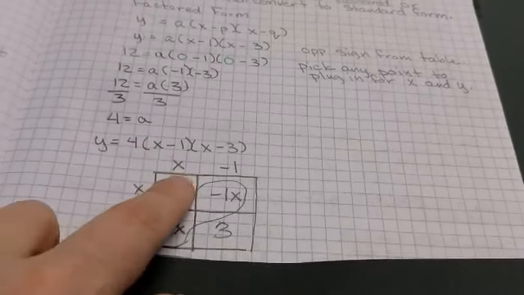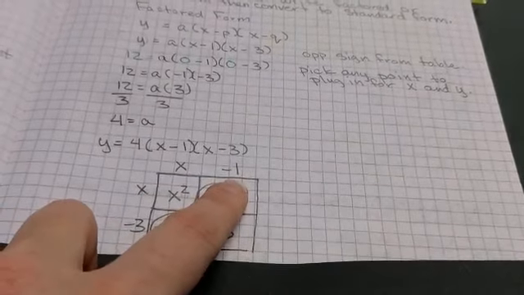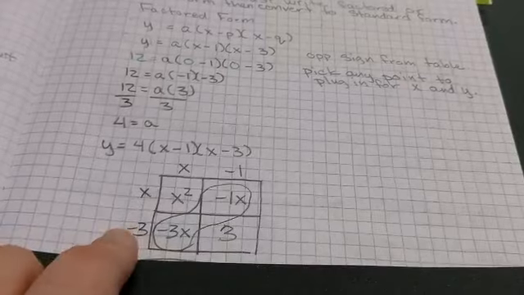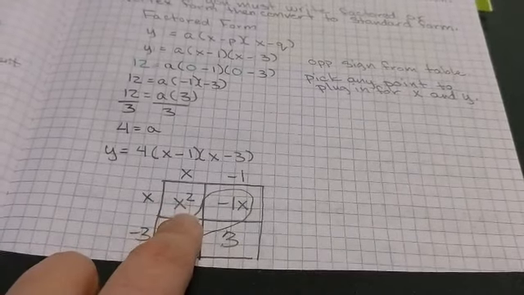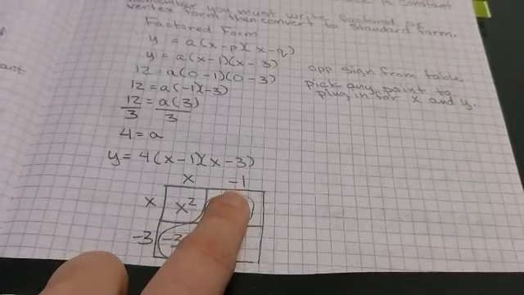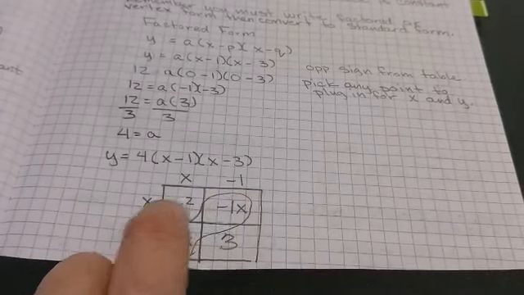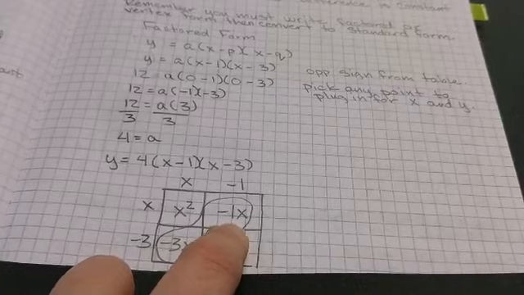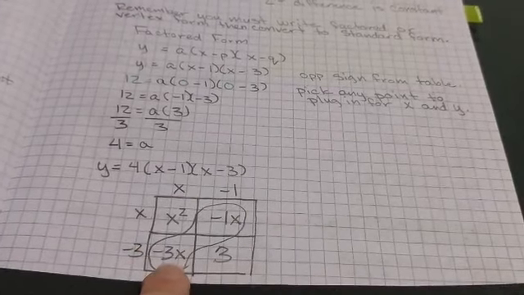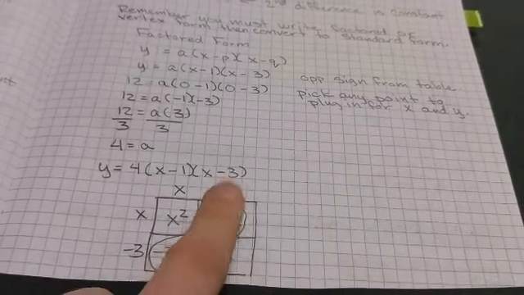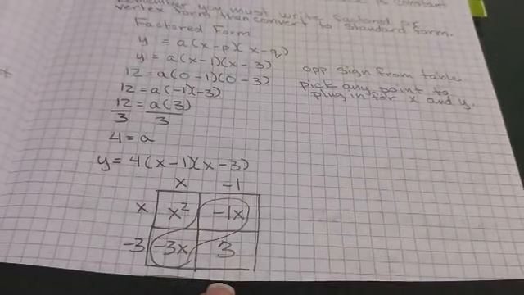So along the top I have x minus 1, I have an x minus 3 down the side. X times x gives me x squared. Negative 1 times x gives me negative 1x. X times negative 3 gives me negative 3x. And negative 3 times negative 1 gives me positive 3.